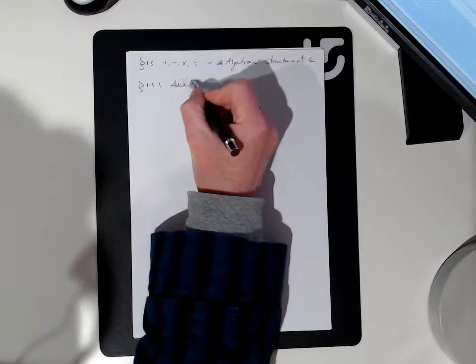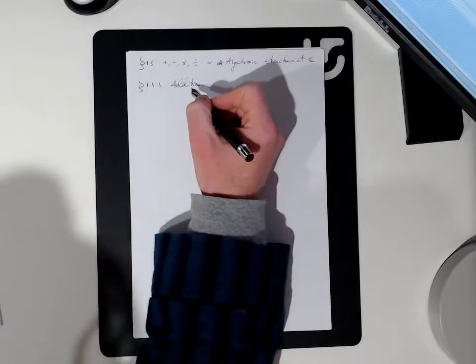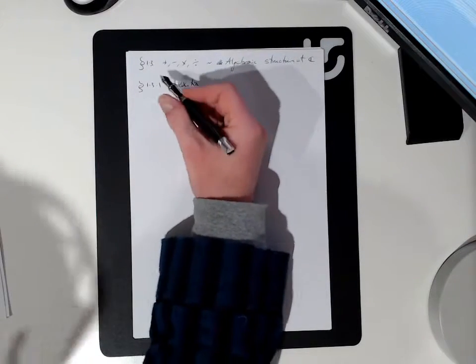Addition. Now we've basically done this a little bit already.